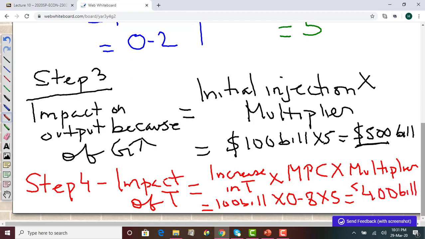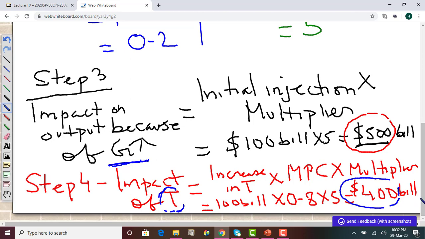That's the decrease in output because of taxes. Now if you compare the two, you will see the impact of government expenditure is more than the impact of taxes, because the increase in government expenditure goes directly into the economy, whereas the tax is indirect because it is imposed on income.